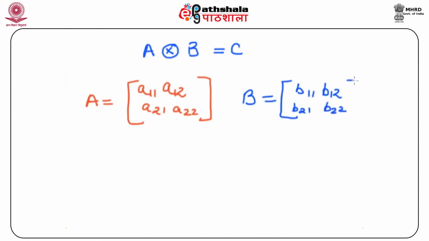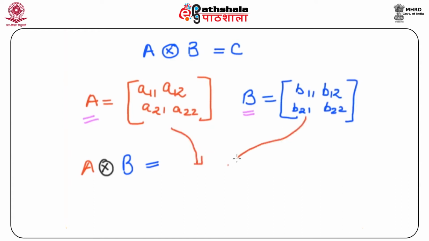So this is also a 2 by 2 matrix. Now if we have to find the direct product between A and B, we can rewrite it as this multiplied by this. Let us try to understand how this will be done.